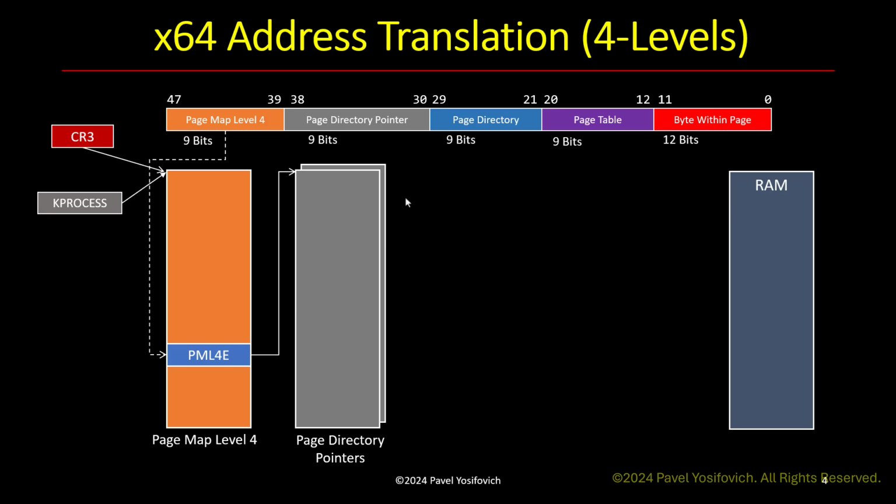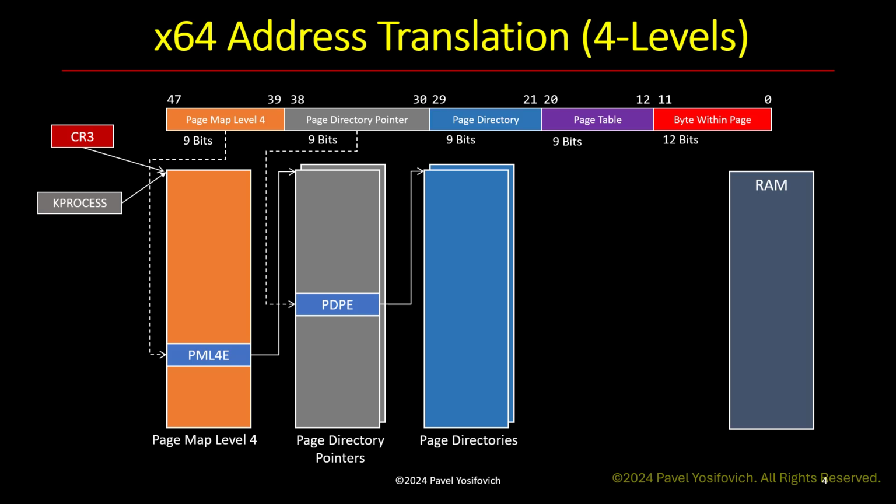And now the next 9 bits in line will select a particular entry from that table, which is called the page directory pointer entry. This is going to point to another data structure along the same lines called the page directory. Again, there could be 512 page directories for this particular page directory pointer. And again, we continue with this story.